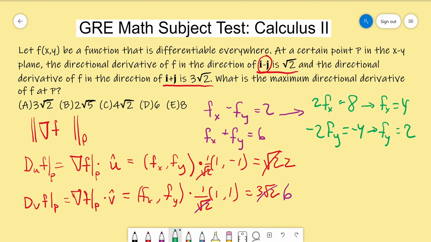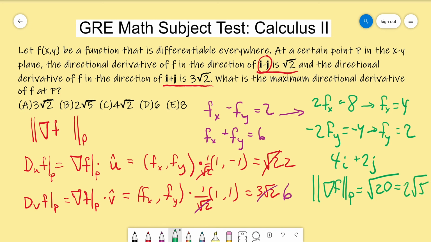So our gradient is the vector 4i plus 2j, whose magnitude is equal to the square root of 16 plus 4 makes 20, which, you can factor out of 4, so that becomes 2 root 5, which is answer B.